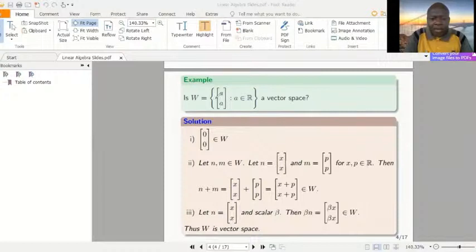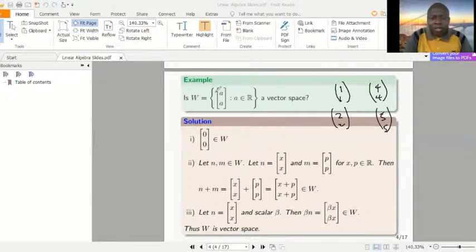Some of the vectors in W are like (1, 1), (2, 2). So the elements must be the same. (4, 4) is another example of a vector in this set, and (5, 5), and so on. Those are the type of vectors you find in this set.